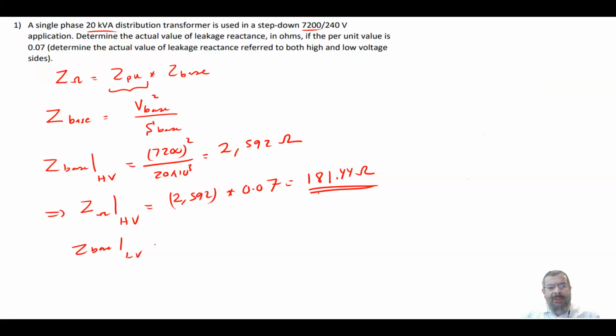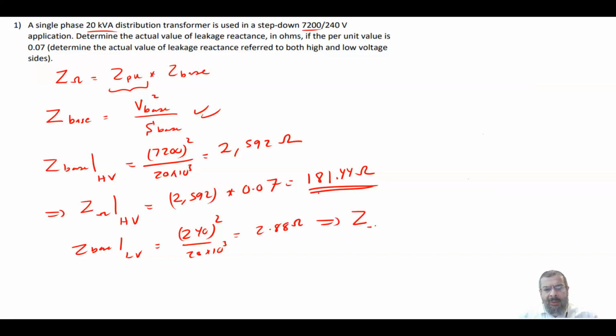Now let's find Z base referred to the low voltage side. It's the same formula, but all we need to change is the voltage, because now we are moving from the high voltage to the low voltage. So it's 240 squared divided by 20 times 10 to the power 3, and this will give me 2.88 ohm.